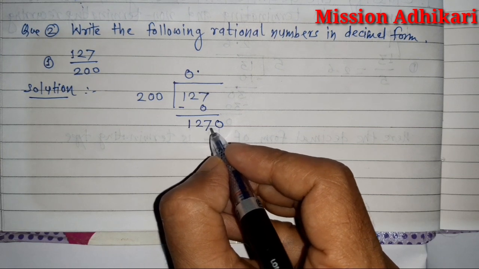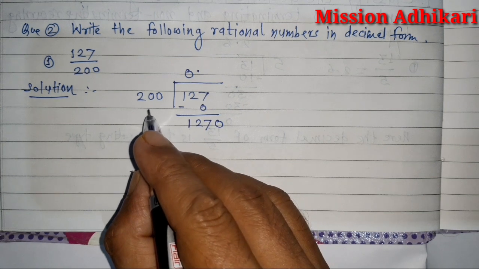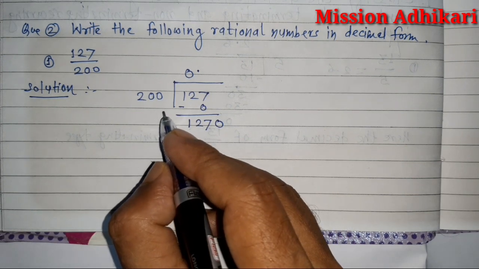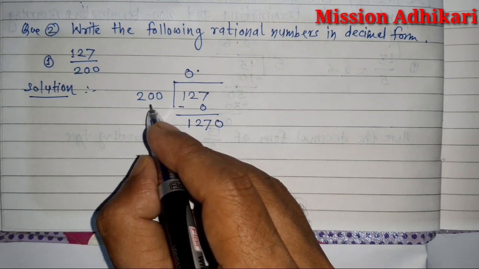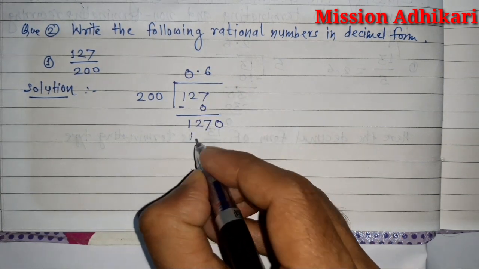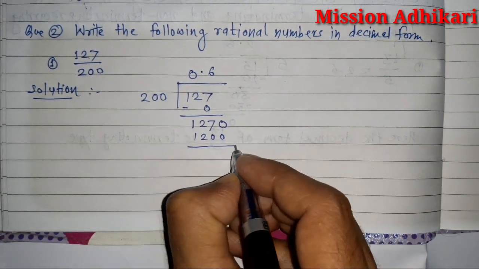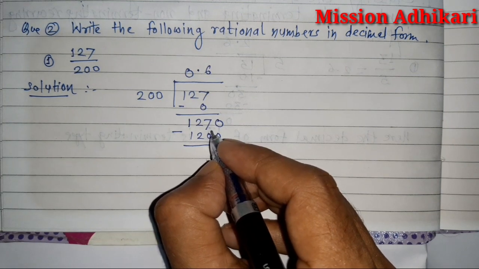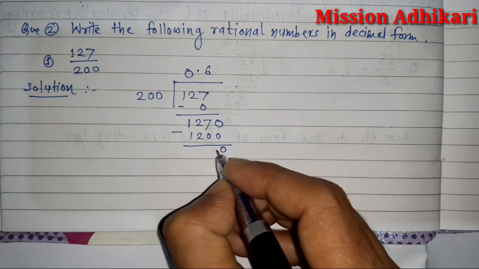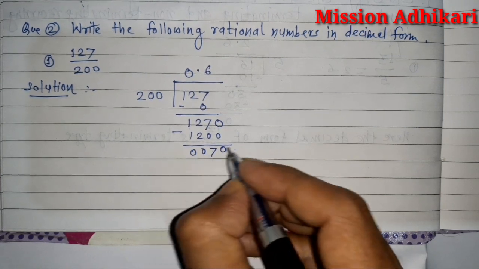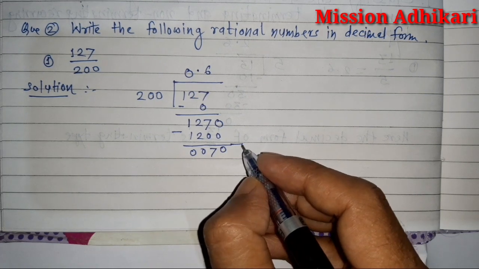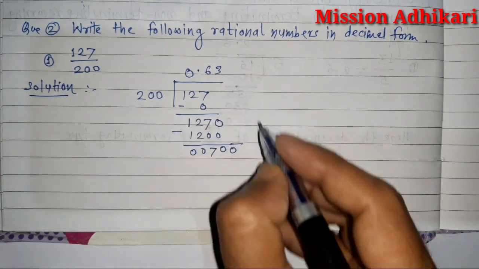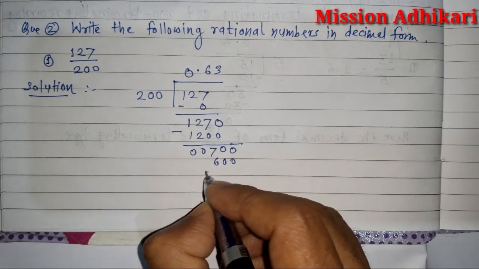Now we divide 1270 by 200. 200 times 6 is 1200. Now we subtract 1200 from 1270. Now we get 0070. Now we take again 0, 700. 200 times 3 is 600.